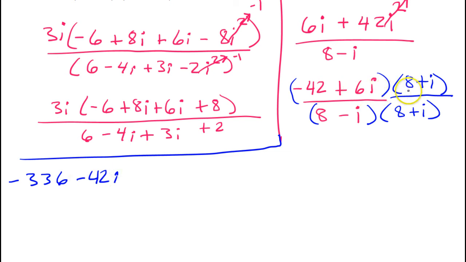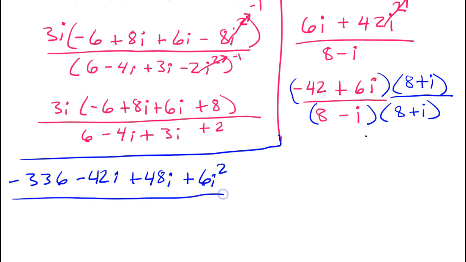Now distributing the 6i, I'm going to get 48i plus 6i squared. All right, now in the denominator, distributing the 8 gives me 64 plus 8i.